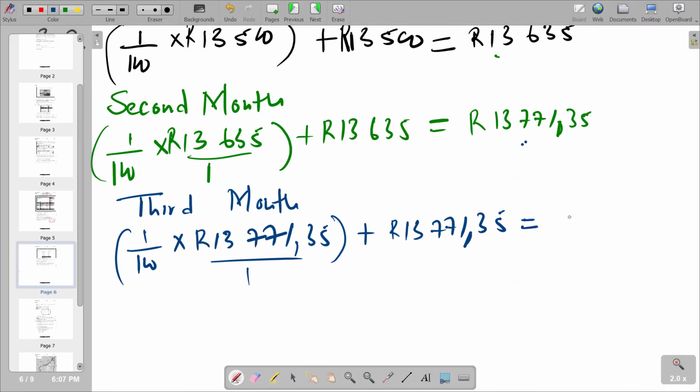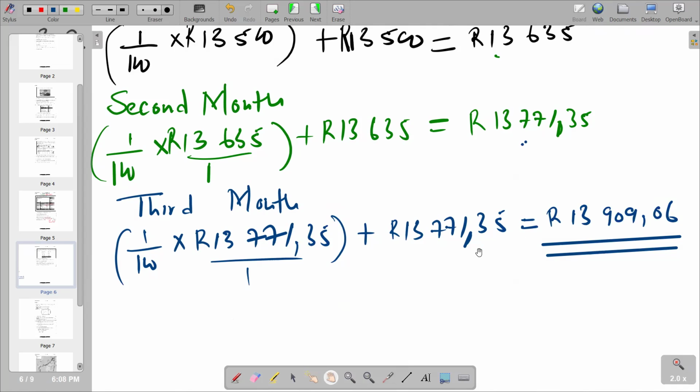If we add, the answer is 13,909 rands, 6 cents. So basically this becomes the final amount on the last part. This is the final amount after 3 months, compounding with 1%.